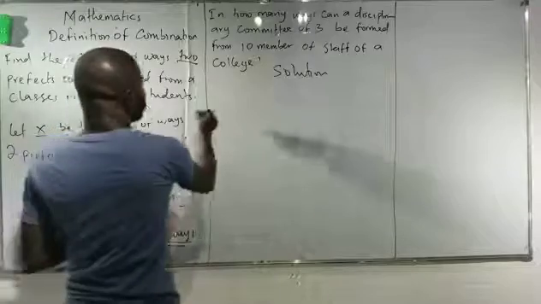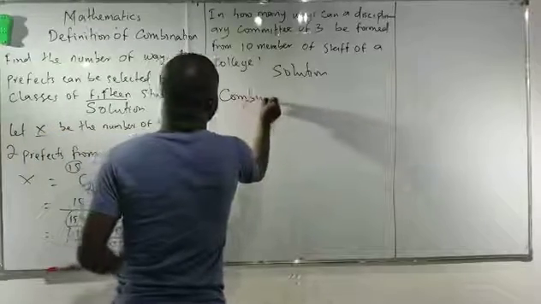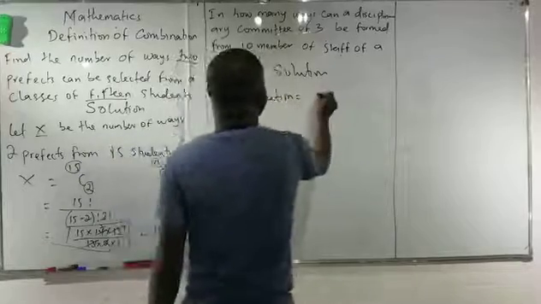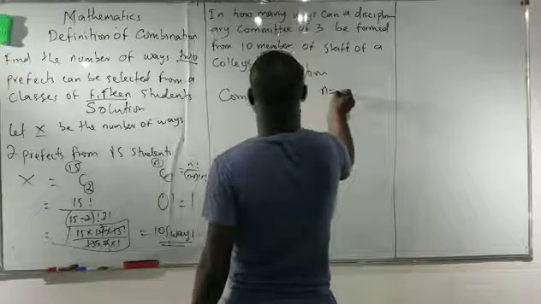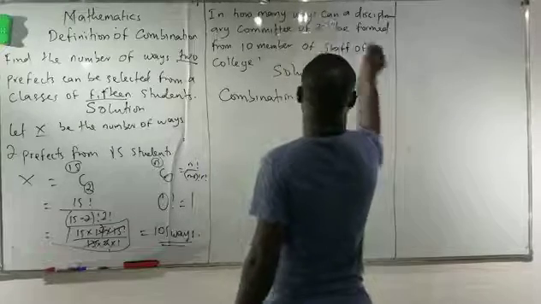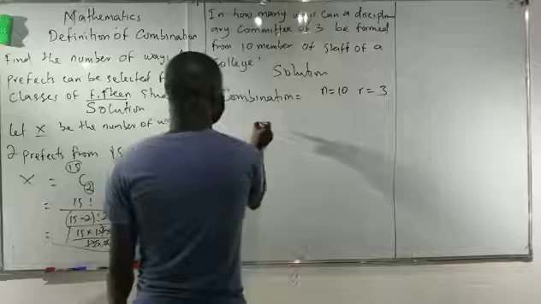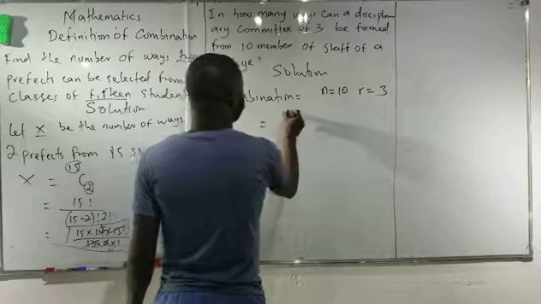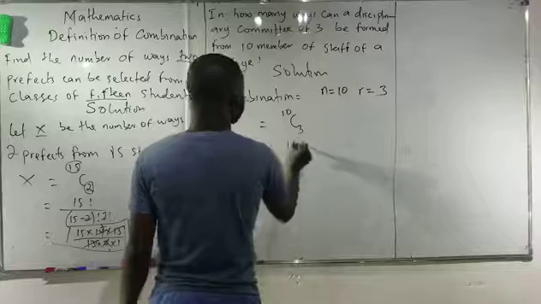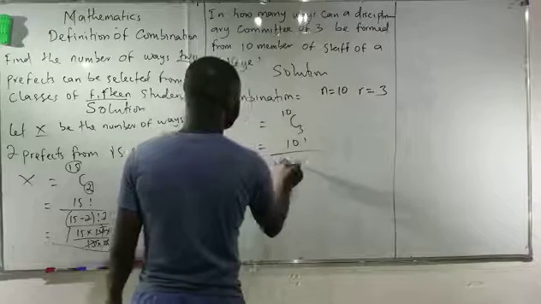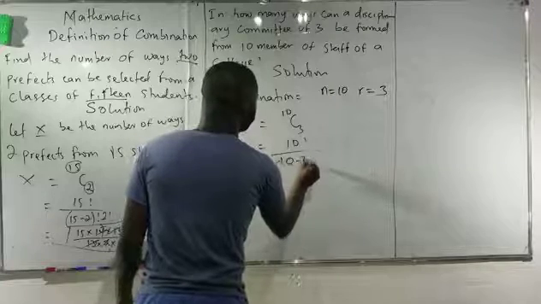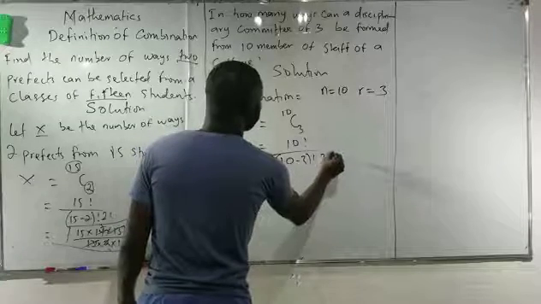Now the combination part of it will equal, how many members are we? It means n equals 10, and r equals 3. That's just it. It means 10 combine 3, which we all know is 10 factorial divided by (10 minus 3) factorial and 3 factorial.